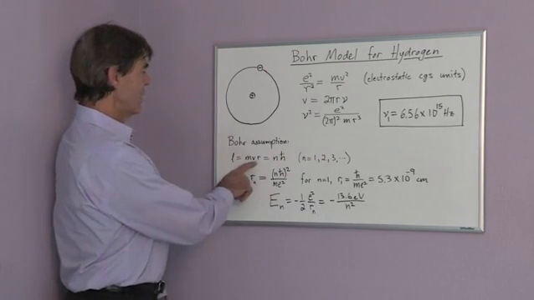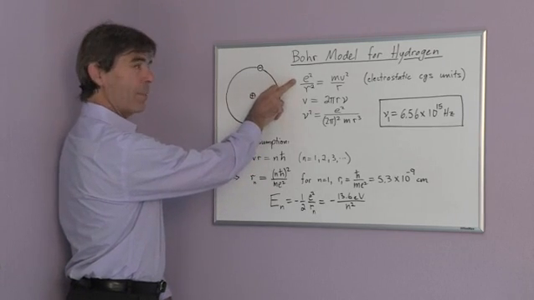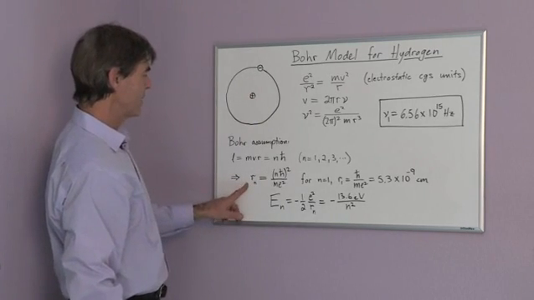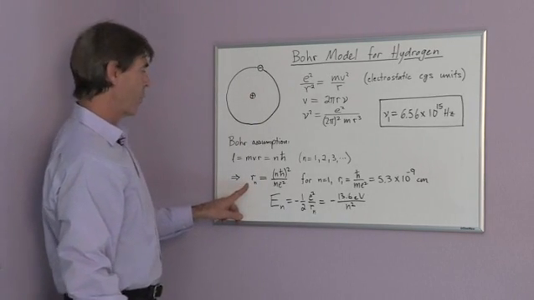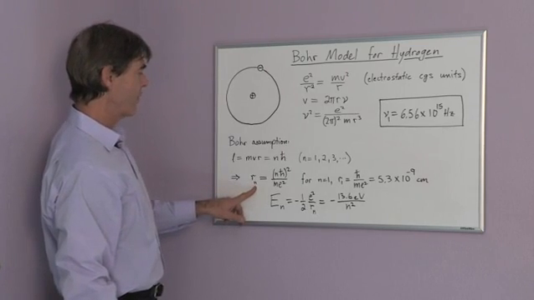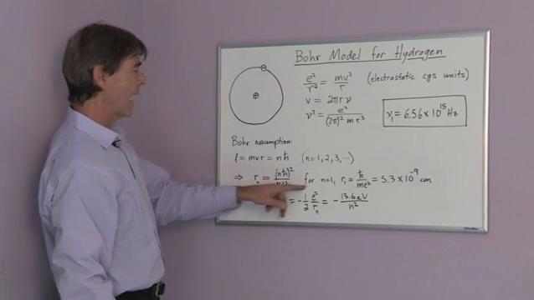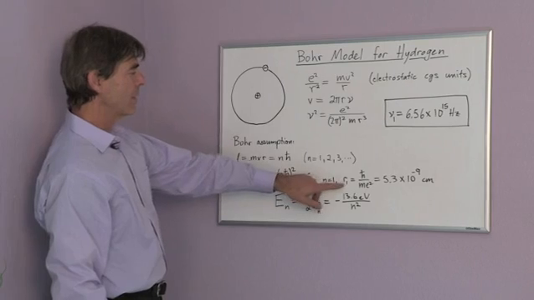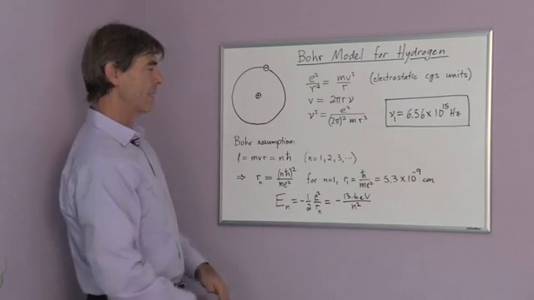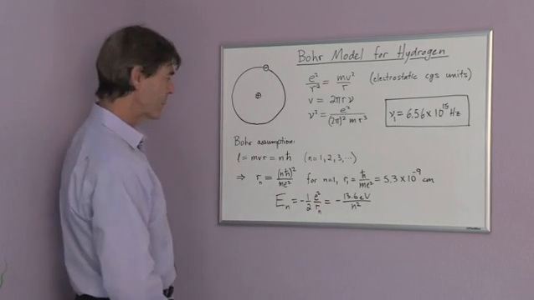And using this assumption and substituting it into the top equation, we have the relation that the radius of an orbit for n equals 1, 2, 3, 4 is equal to n squared h bar squared divided by m e squared. And for n equals 1, that radius is equal to 5.3 times 10 to the minus 9 centimeters. And this is called the Bohr radius of hydrogen.